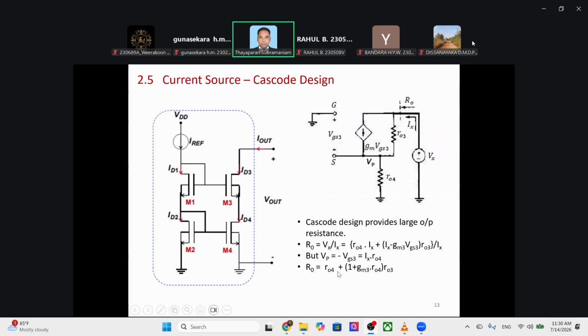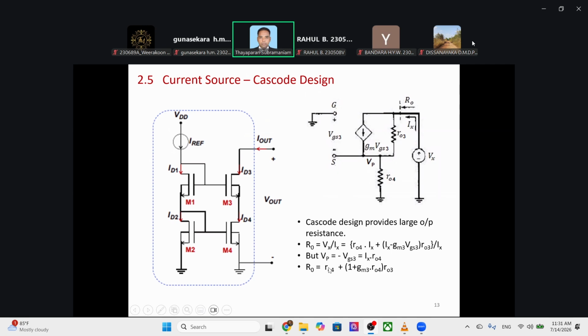So comparing Rout4 plus Rout3 with Rout4 into Rout3 into gm3, this product is much higher.